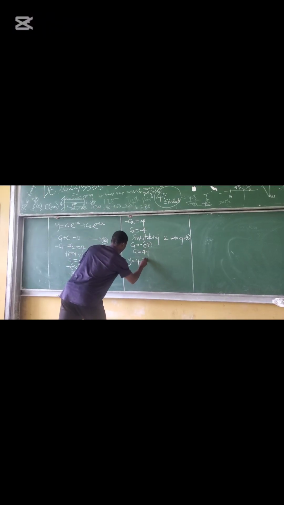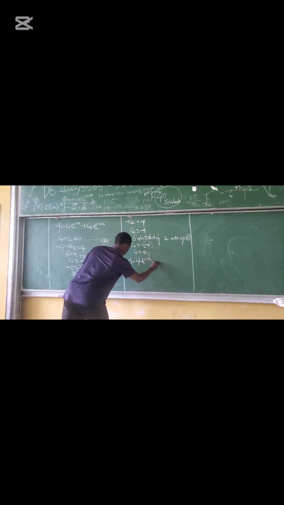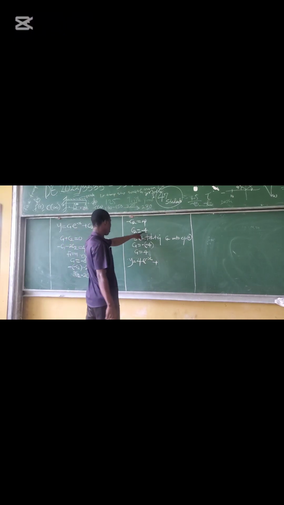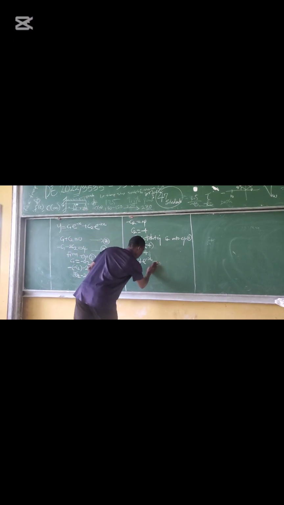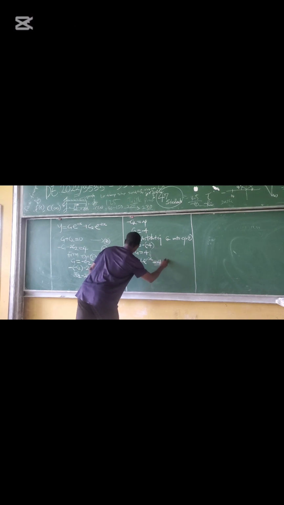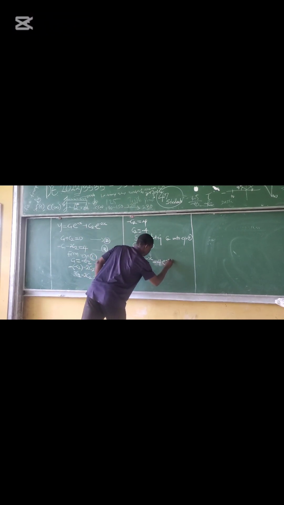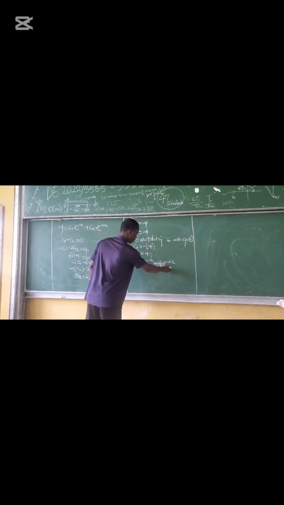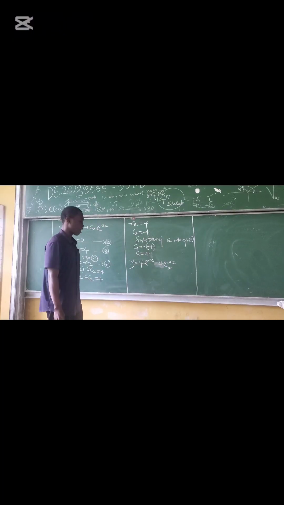So I have 4 exponential minus x plus, the value of C2 here becomes minus 4. So here turns to minus 4, then exponential minus 2x. All right, so this becomes the particular solution of the problem and that becomes our answer.